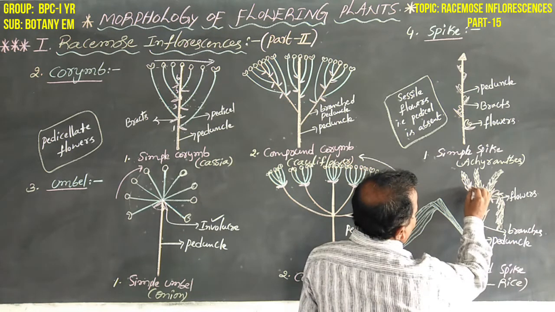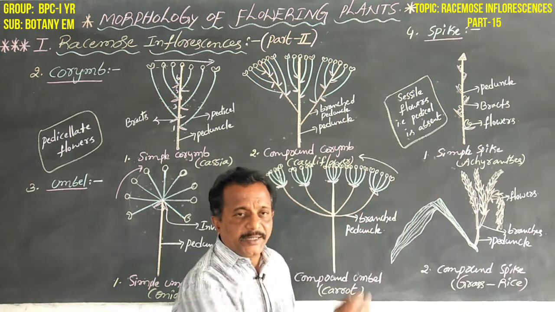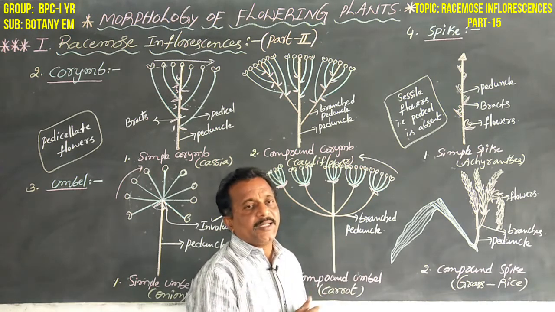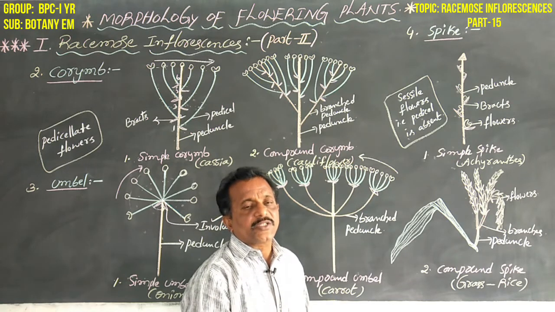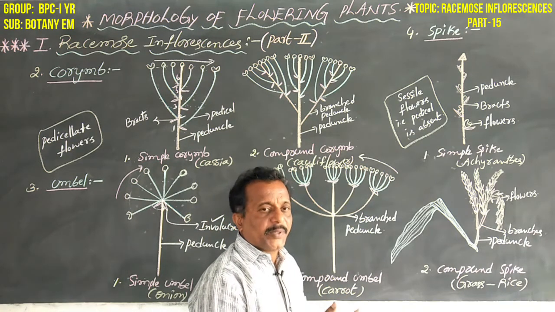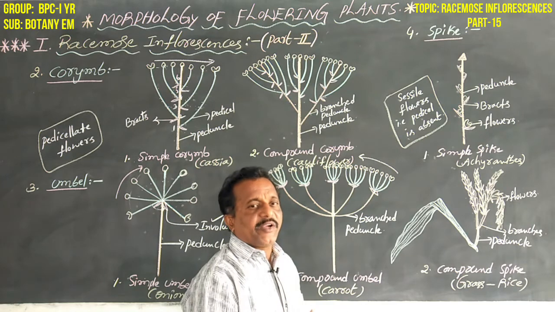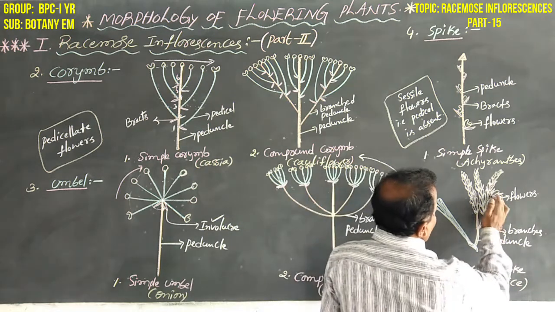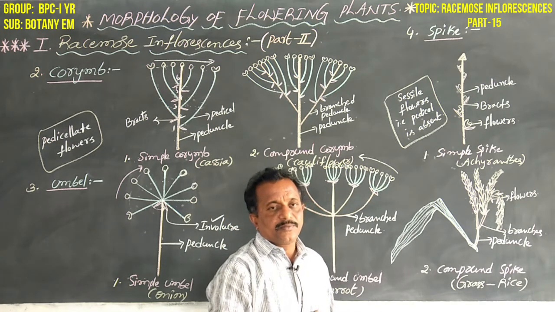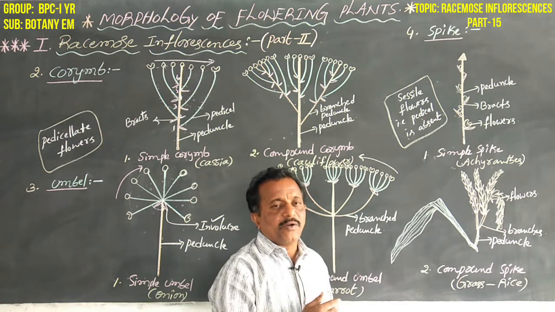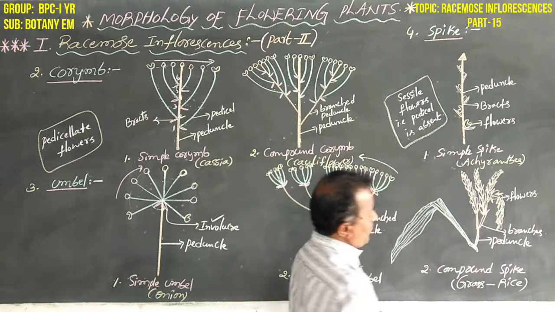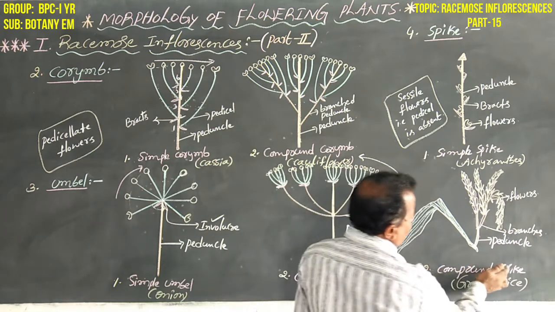These are bracts, and the flowers are sessile unisexual flowers. After pollination and fertilization, the flowers are modified to fruits. The ovary is modified to fruit, and the ovules are modified to seeds. So that is a compound spike.